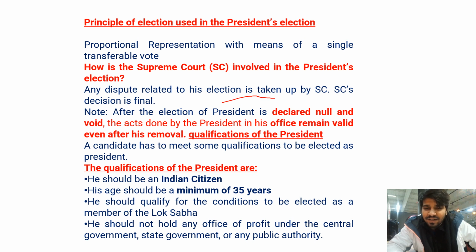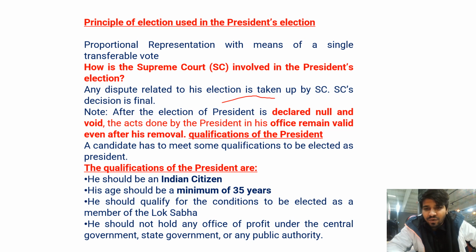What happens if the President's election is declared null and void? The acts done by him or her when in office do not go away; they remain in existence. Even after his removal, the acts done by him remain valid.